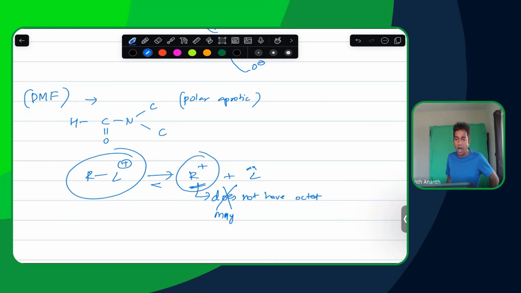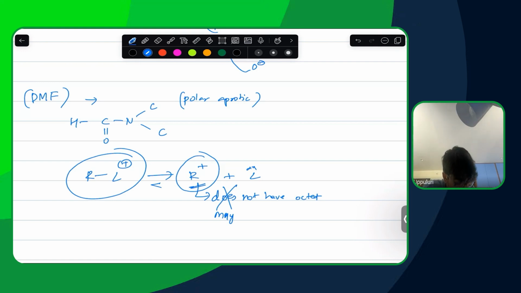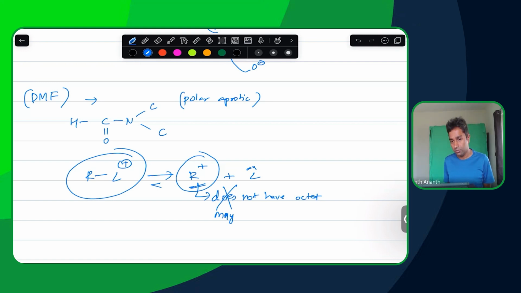If my RL plus has the L attached to an extremely heavy, sterically hindered site, which hinders solvation for the RL plus, but solvation is possible for R plus, in that case it might go forward.